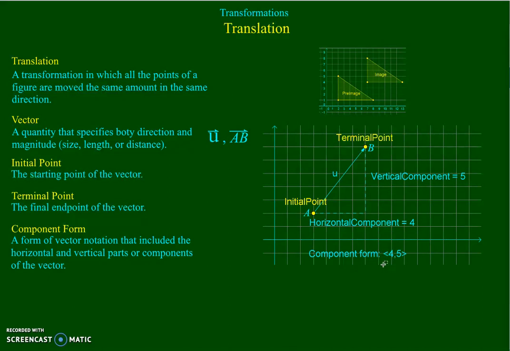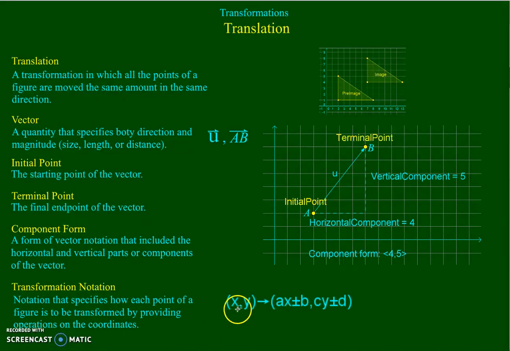There's also a second mechanism that we can use to specify a transformation, in this case a translation, and that's using transformational notation. The transformation notation has a specific format, so let's take a look at that. What this is saying is that the coordinates x, y go to some constant times x plus or minus some constant, times y plus or minus some other constant.